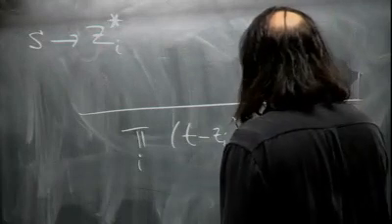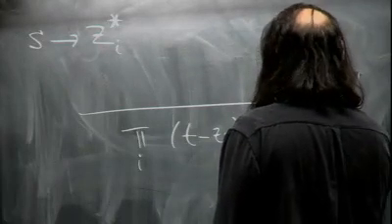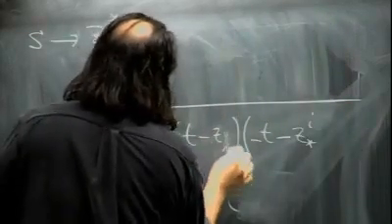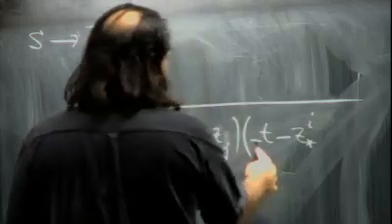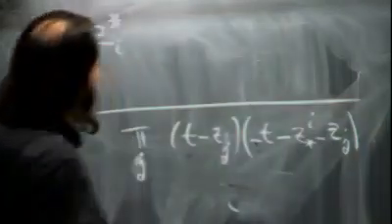And so downstairs, I have a chock full of trouble, just what we saw in our example. Downstairs, I have a product over j of t minus z_j and negative t negative z_i star negative z_j.